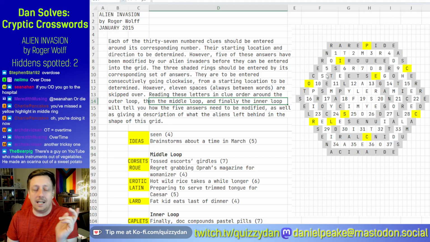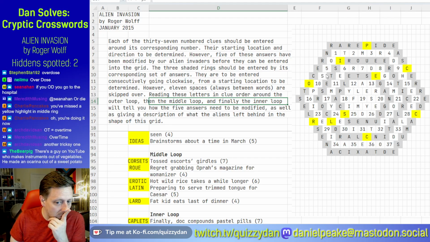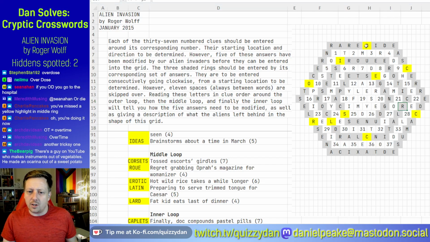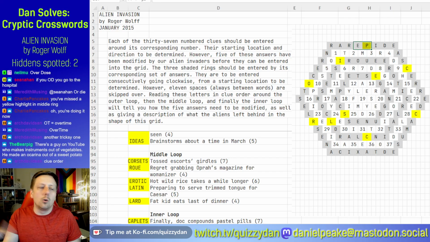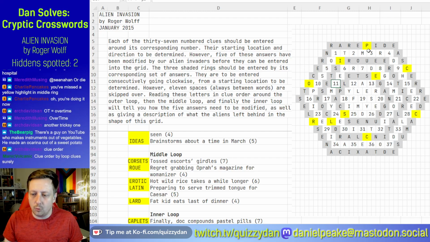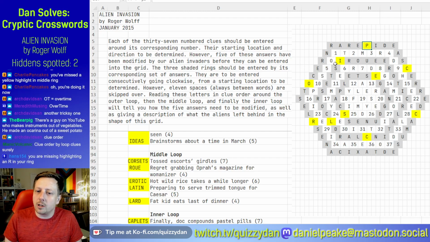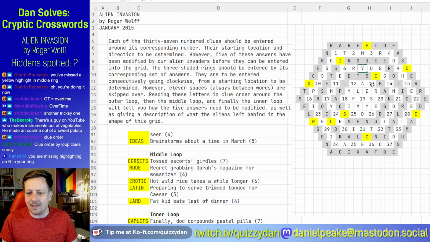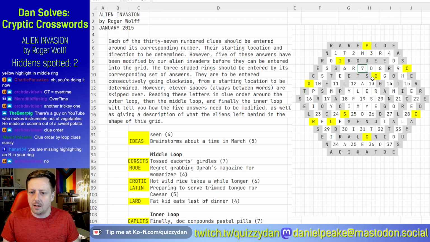So it's just in, no, it's not, so it's P, C, O, okay. No, it's a reading order. It's nothing to do with the clues. It's just reading normal grid order. It's not loop clues. It's just normal reading order as they're on the page. I've missed an E, haven't I? Highlight the letter after erotic. That is what I meant to do, but I missed it. No, okay.